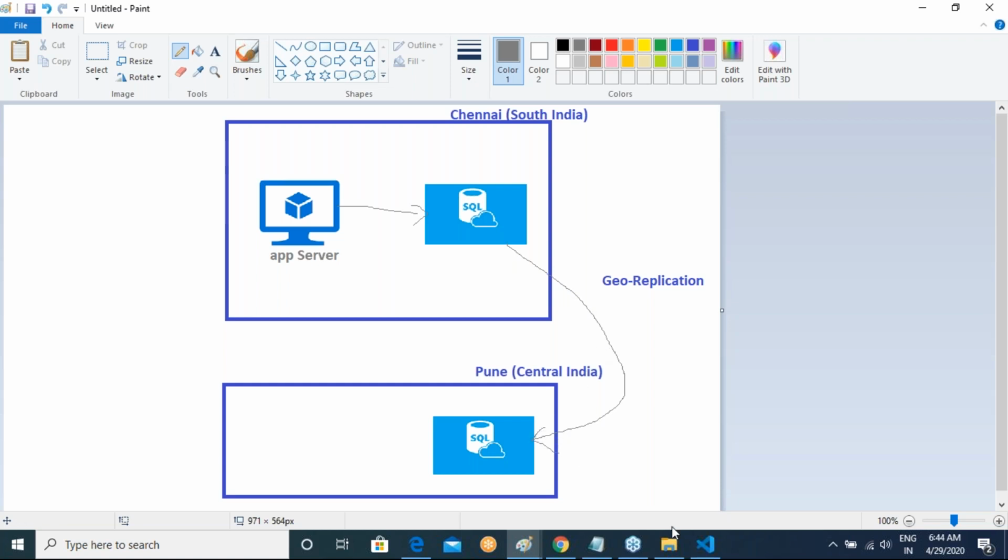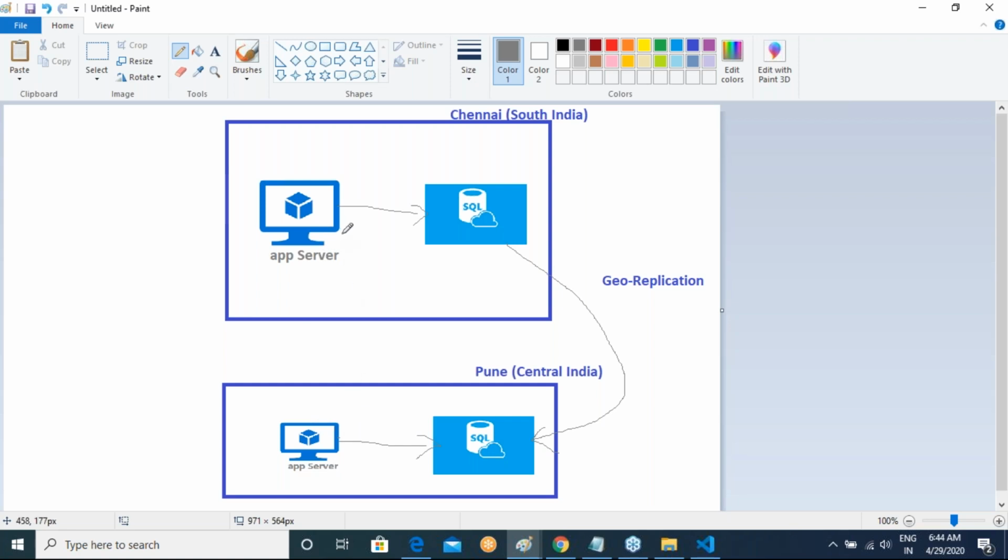The replication, geo replication, is automatically happening. Once you set it up, whatever data is sent over here will also appear over here, so that you can run the same application server or a similar application server. And when this application server requests the data, this or this will give you the same results.